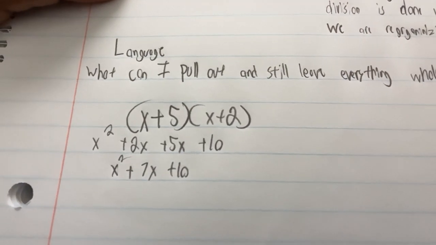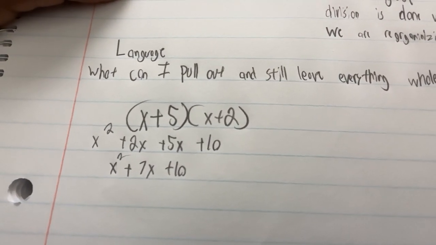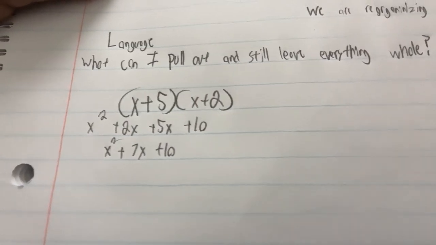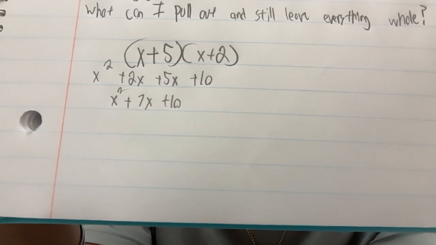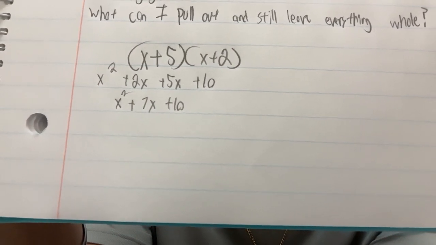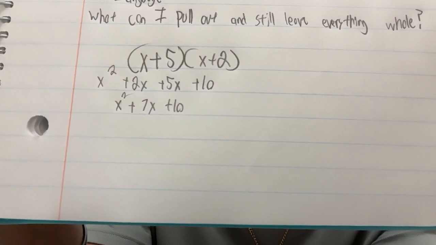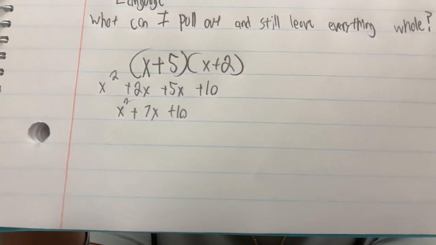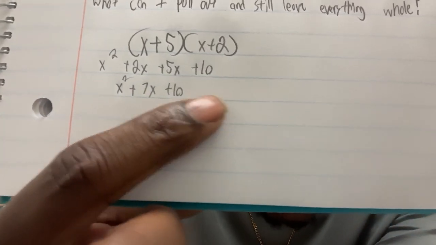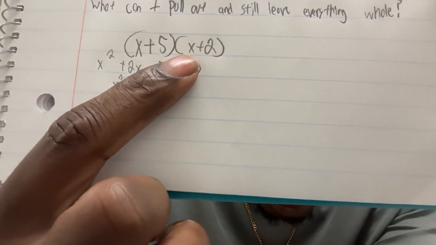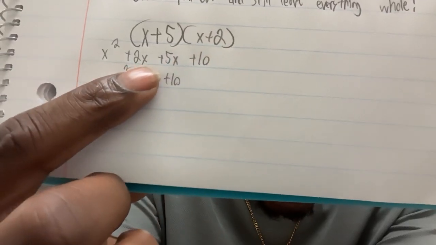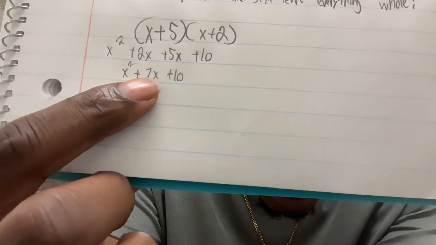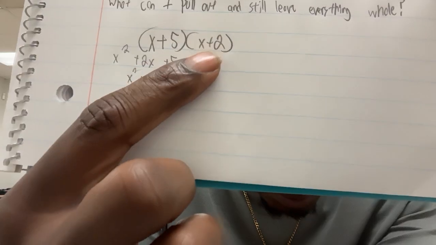If I have x squared plus 7x plus 10, and if I go backwards, meaning if I go from bottom to top, I see an x squared and I split that up with 2x plus 5x, and then I have 10 on my end. But if I go up one more, I see a pair of x's that shows x and x. I see 5 and I see 2. When I did 5 plus 2, I got 7. Yet when I did 5 times 2, I got 10.